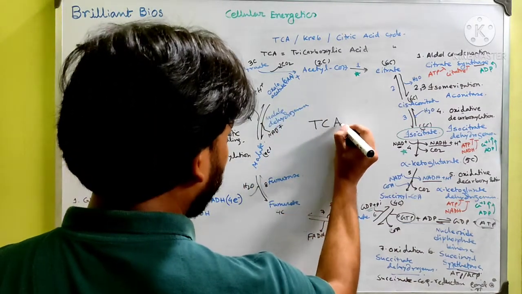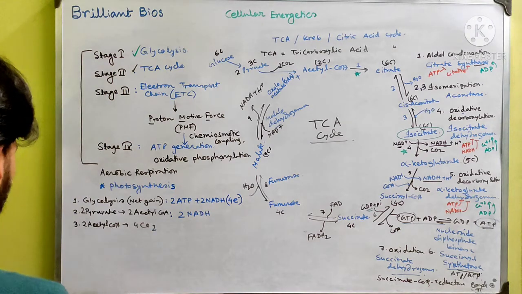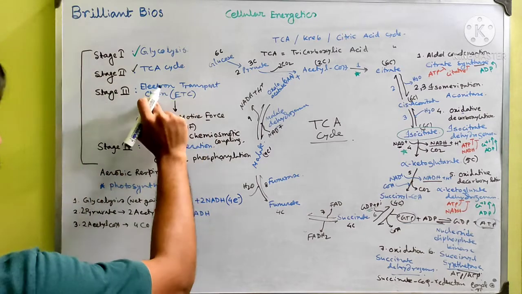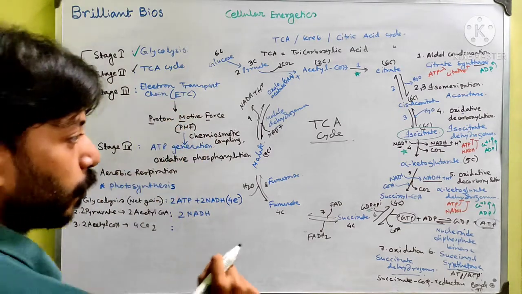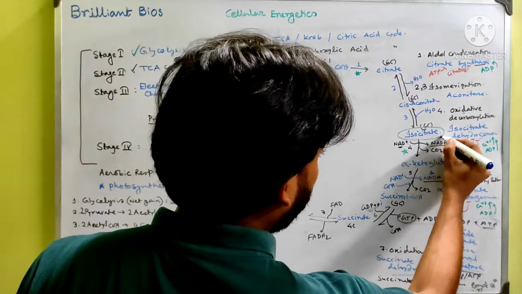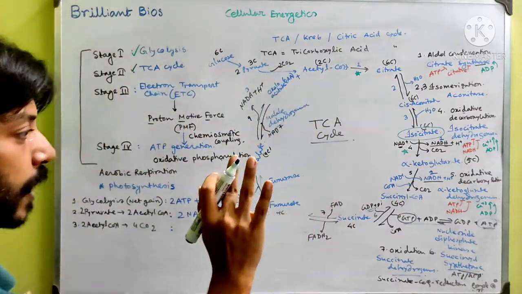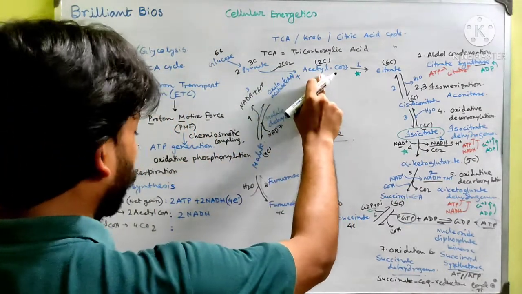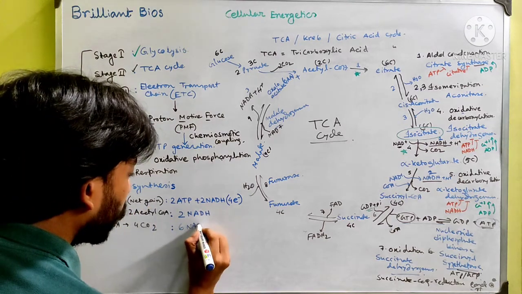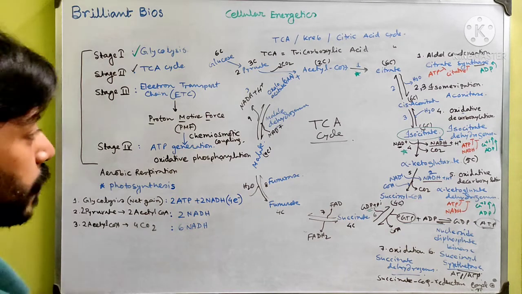And how many products will it make that help in the electron transport chain? We count it. The first NADH here, the second, the third. So there are 3 NADH produced from 1 acetyl CoA. So from 2 acetyl CoA we will get 6 NADH. This is a high energy electron carrier.